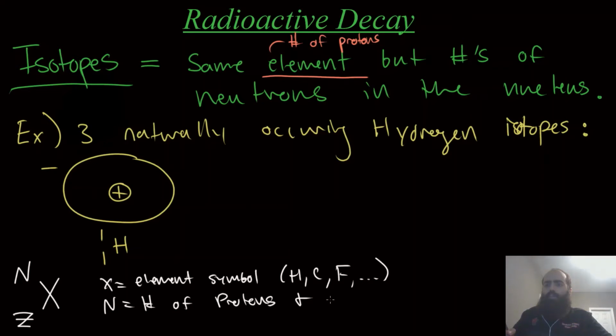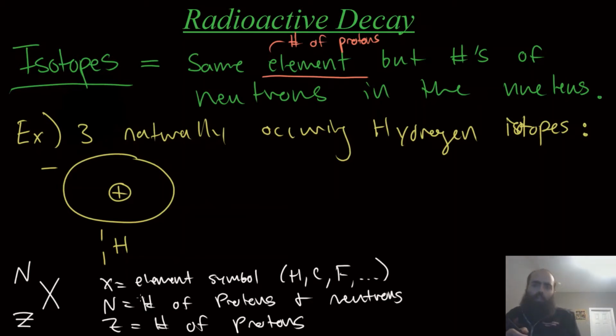And Z is just the element number; I forget the chemistry word for that, but I just know Z as the number of protons. That's what this notation is telling us.